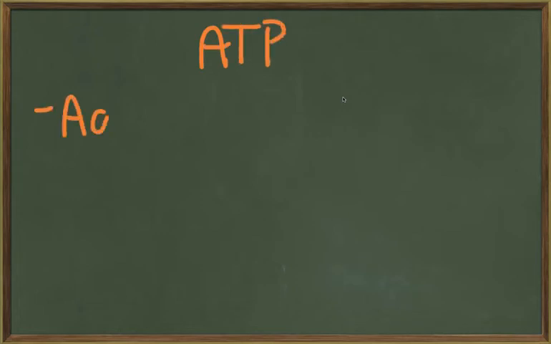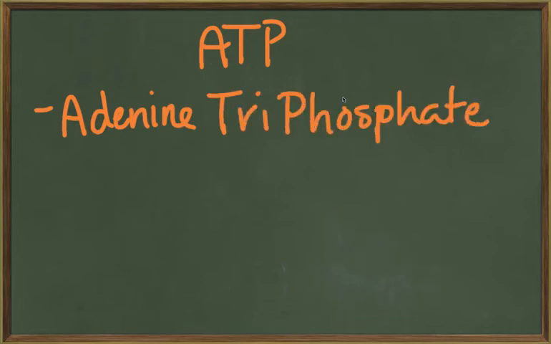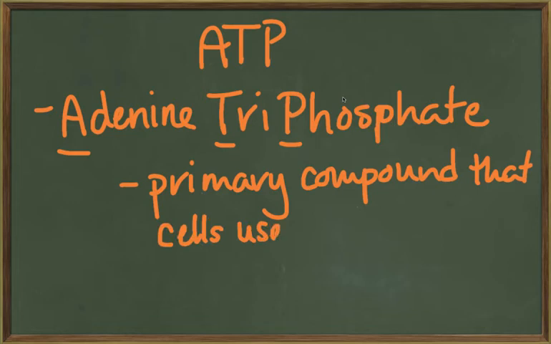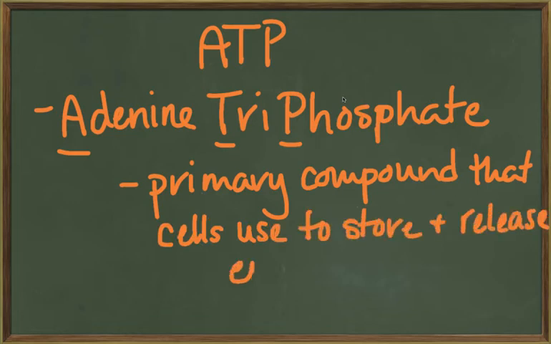This is adenine triphosphate. ATP. Adenine triphosphate. This is the primary compound that cells use to store and release energy.